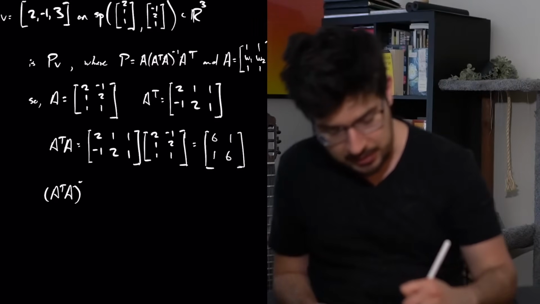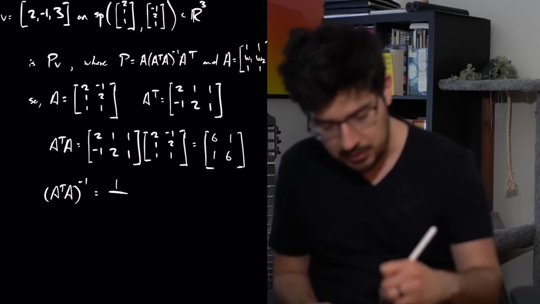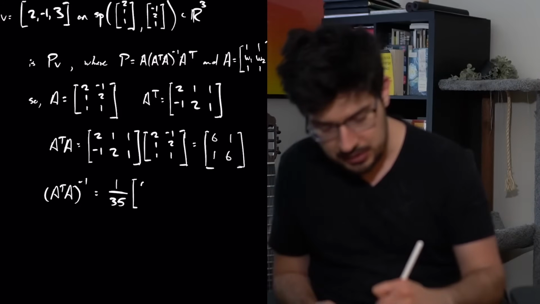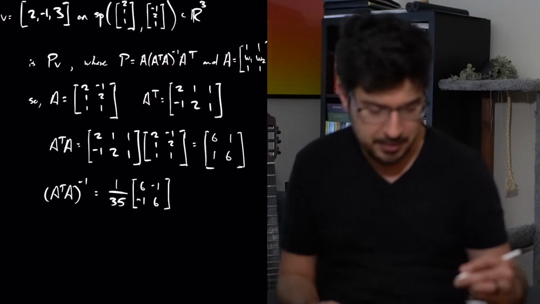So then A transpose A inverse is going to be 1 over 35 times 6, 6, negative 1, negative 1. All right?